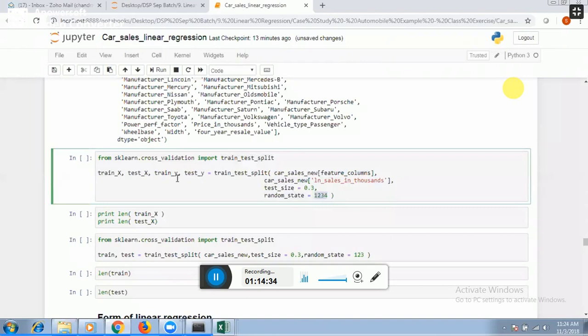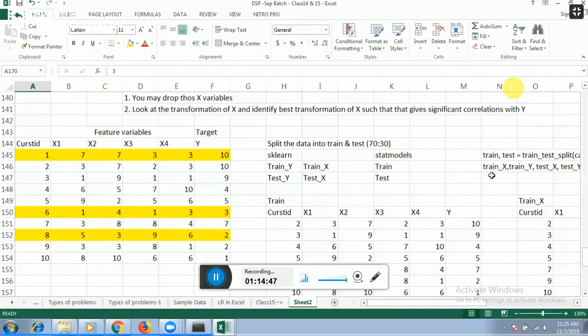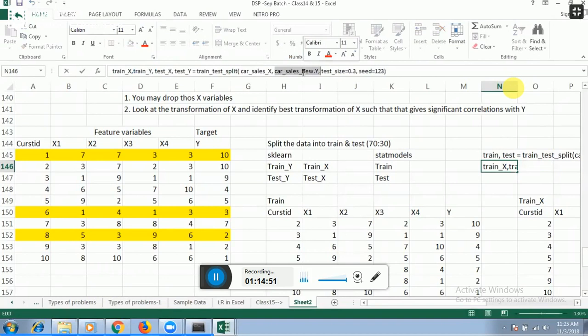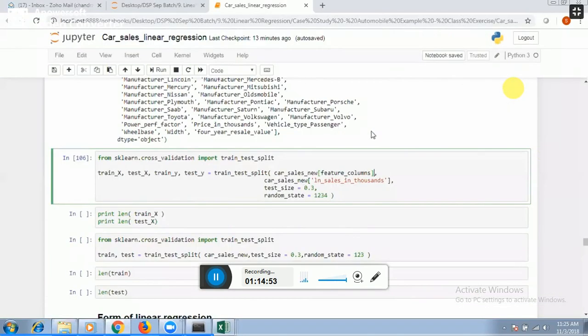In this case, you will get four data sets because you supplied X and Y separately. You remember, in the second case, I gave X variables and Y variables separately. If I give X variable separately and Y variable separately, I will get the train and test for X as well as Y. So that is what exactly you are looking at.